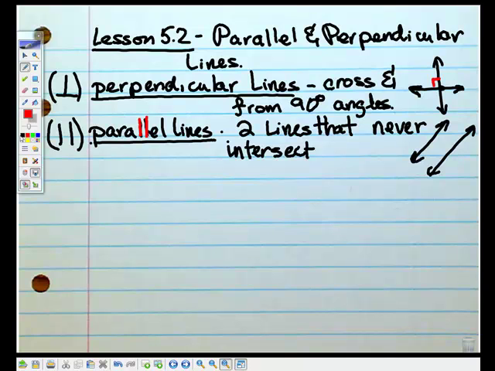Another word that we want to define for you here is a transversal.